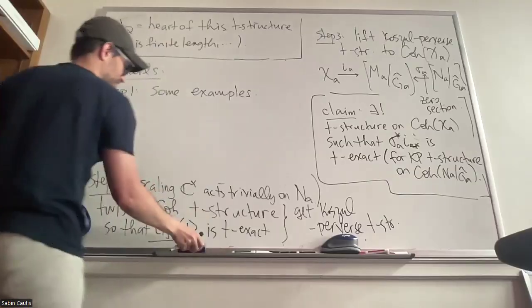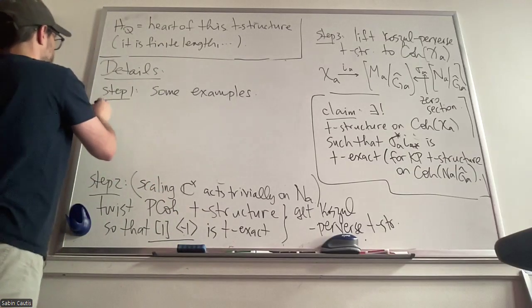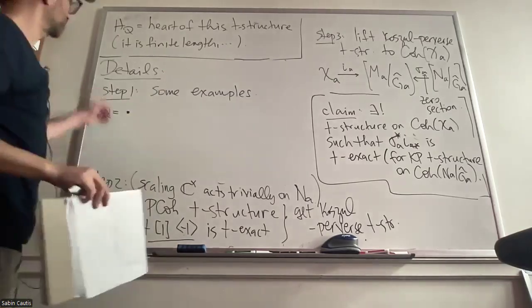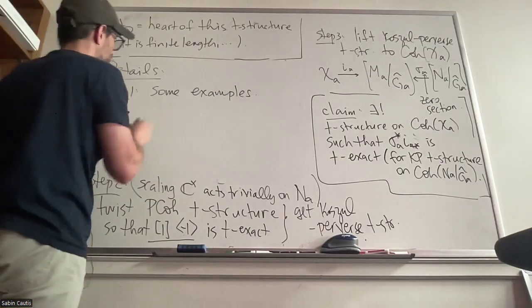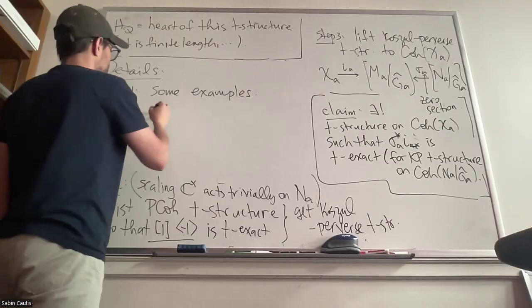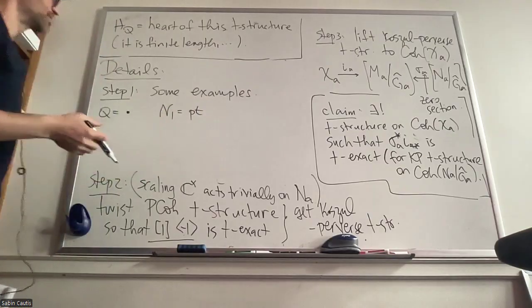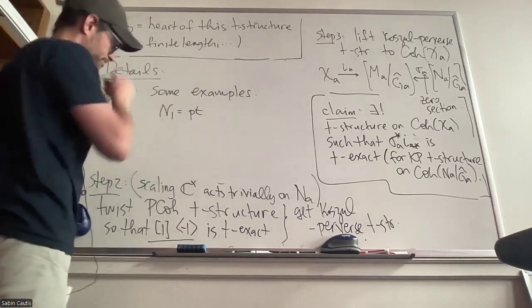In general N_A is just a product of nilpotent cones, so we can take the case of one nilpotent cone. N_1 is a point, and there's not much to say there. The category of perverse coherent sheaves is just the usual category.